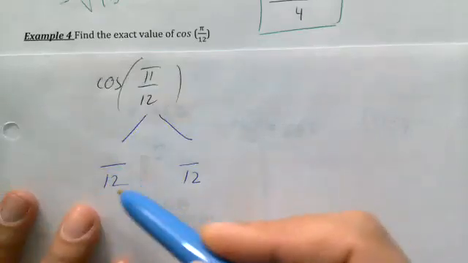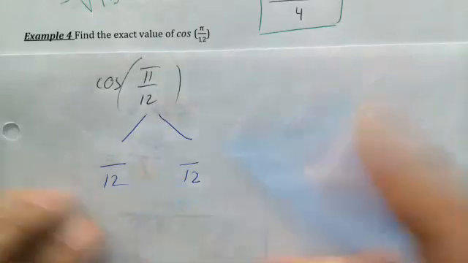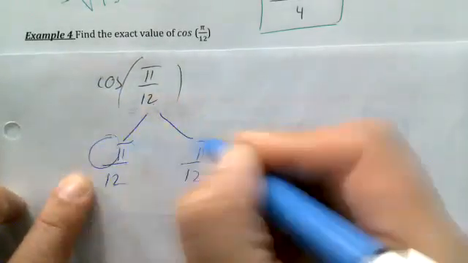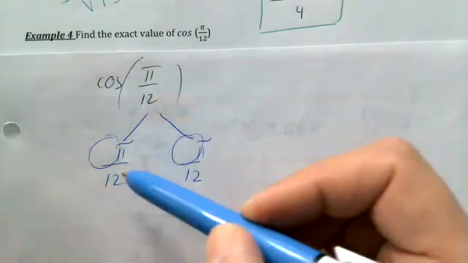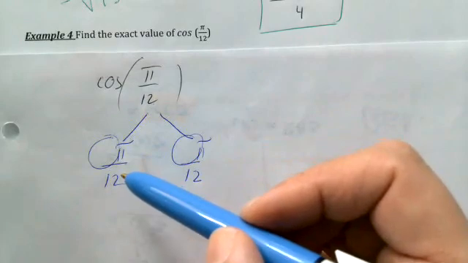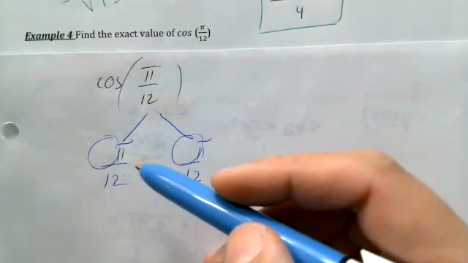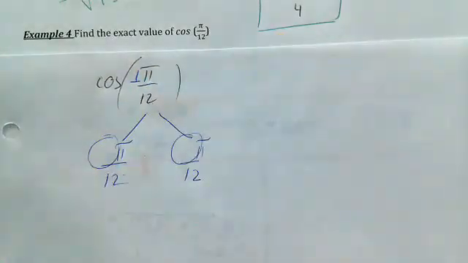Now, because something over 12 is not on the unit circle, you have to find terms for pi that will cancel with 12. So it will be one of the factors of 12: 3s, 8s, 4s, 2s, anything like that. Combinations of those numbers so that I will get 1 pi over 12.